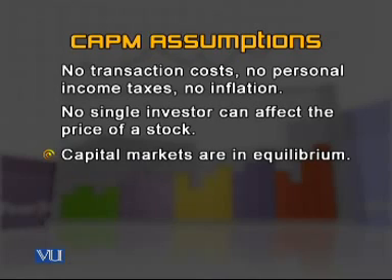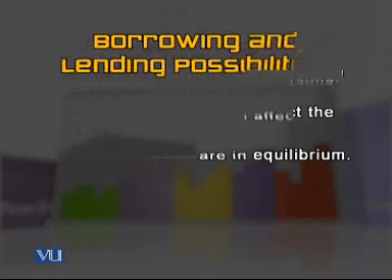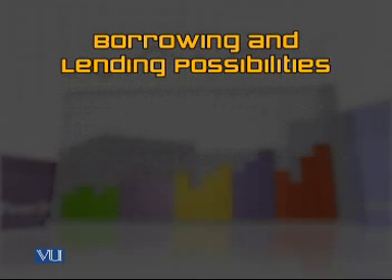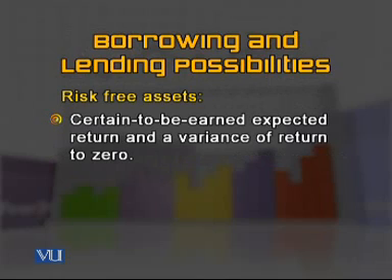These were the assumptions of the capital asset pricing model, and we are to understand the borrowing and lending possibilities and the risk-free assets, with certain expected returns and a variance of return of zero.